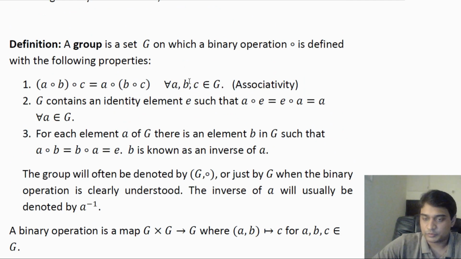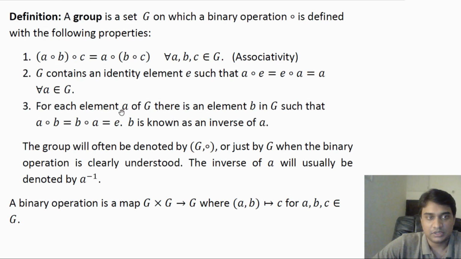So a group is a set on which a binary operation is defined, and it satisfies three properties. The first property is associativity: if A, B and C are three elements of a group, then first composing A with B, and then composing the result with C, will give the same element as composing A with the result of composing B with C. And secondly, the existence of an identity element.